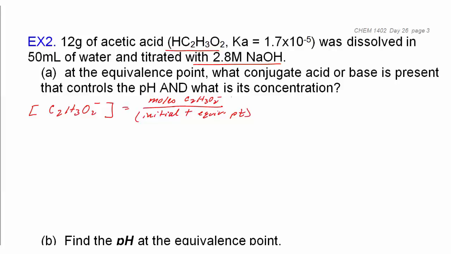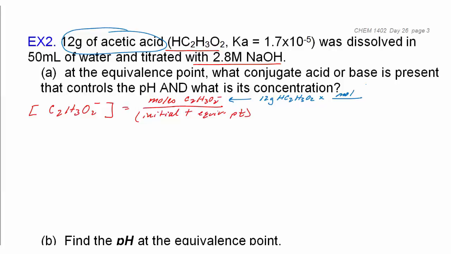Now our moles of acetate isn't going to be found in the usual way because did you see what they gave us? 12 grams of acetic acid. So we just convert those grams to moles of acetic acid, and it's the same. The moles of acetic acid is going to be the same as the moles of acetate. So 12 grams of acetic acid, and just convert that into moles.